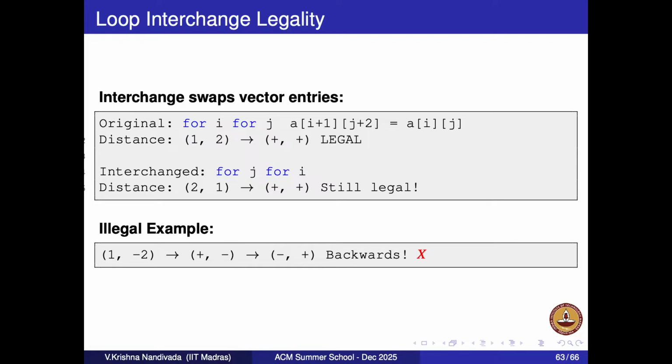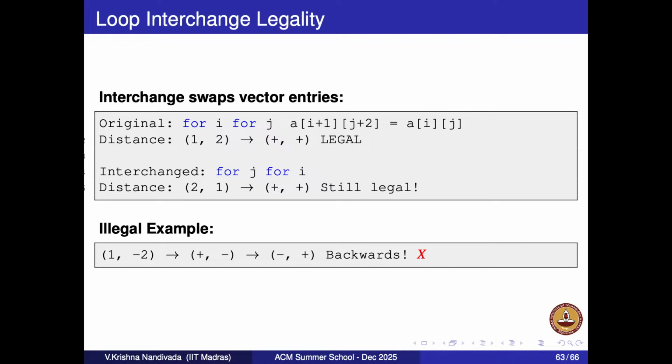I don't care if it's 1 comma 2 or 100 comma 200, it's just plus plus. That means in iteration i comma j, I am writing to some other iteration which should happen later. But both are positive.